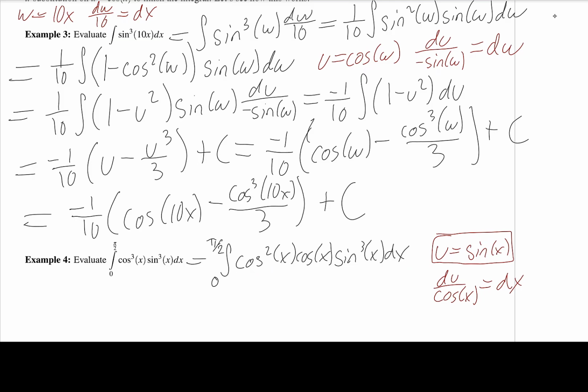Notice up here I did u equals cosine of w, which means I wanted to turn as many of these sines into cosines as I could. So I changed this sine squared of w into 1 minus cosine squared. That's one way to remember if you're doing the right u sub with the right trig sub.